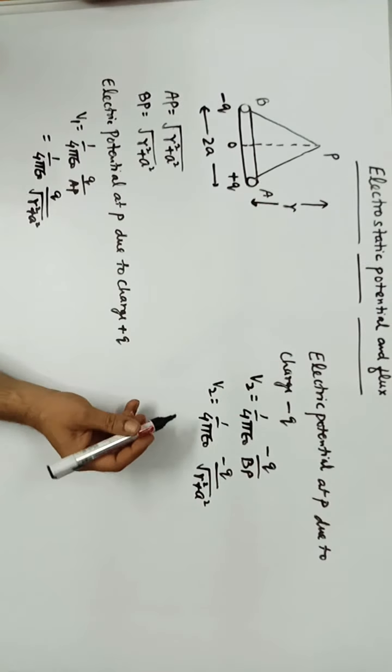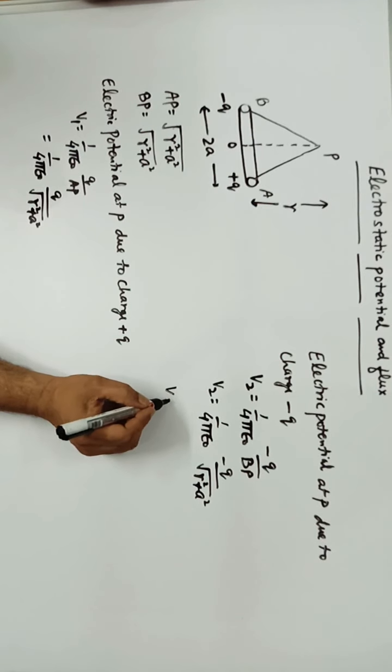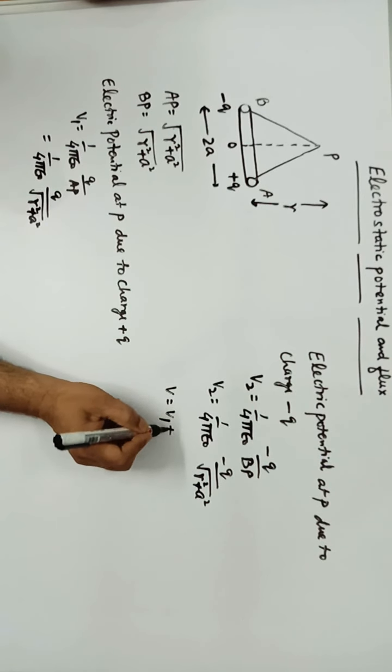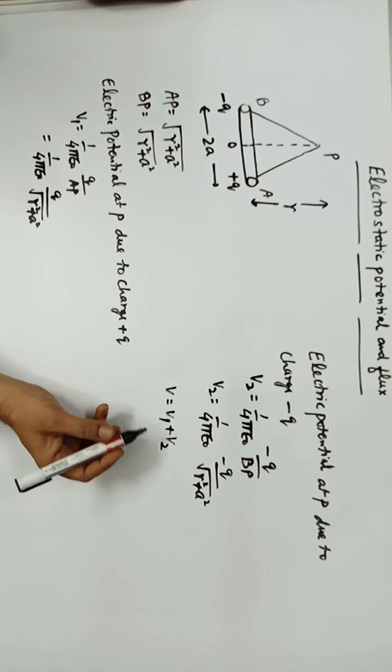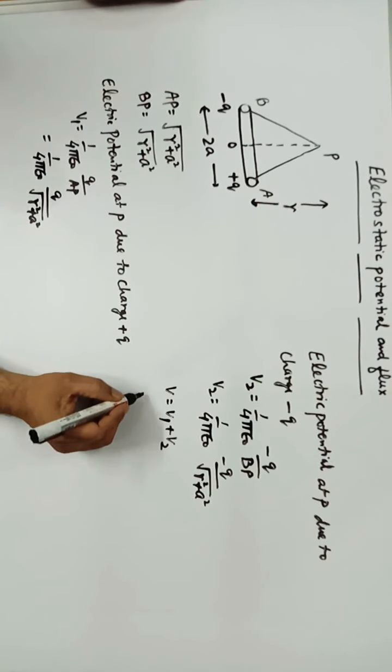Electric potential is a scalar quantity, so V is equal to V1 plus V2. V is the net potential at the point P due to the dipole AB.